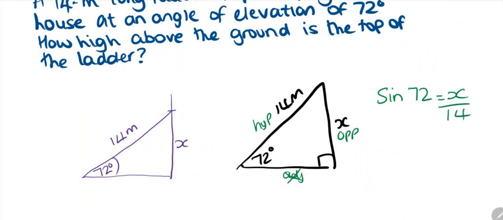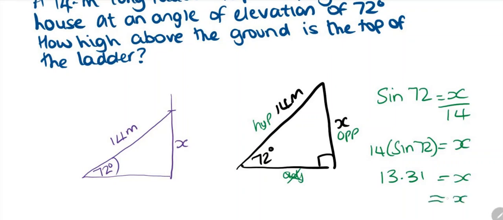Rearranging, x is equal to 14 multiplied by sine 72. I'm going to put that in the calculator, 14 times sine 72, and I've got a length of 13.31. We're in meters. So we'll say x is approximately 13.3 meters.